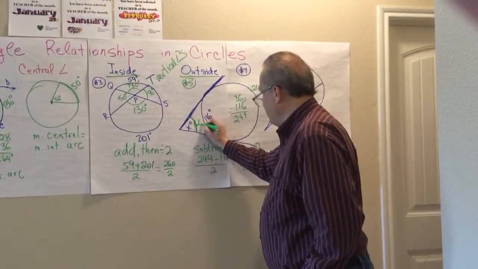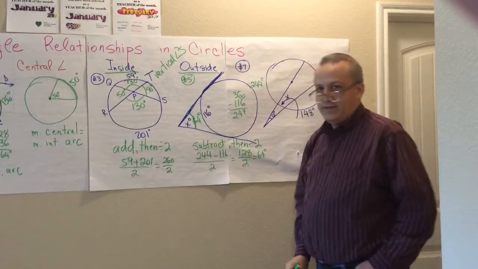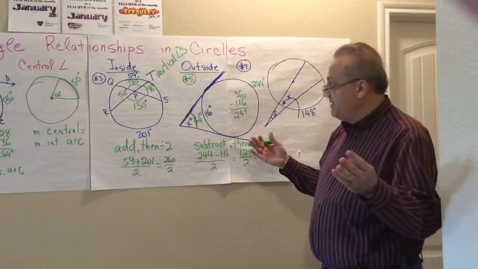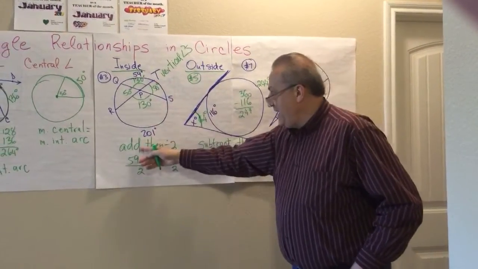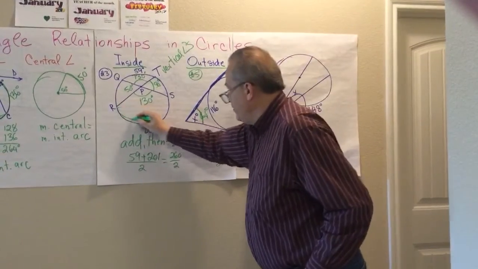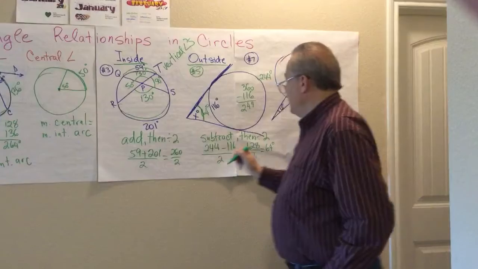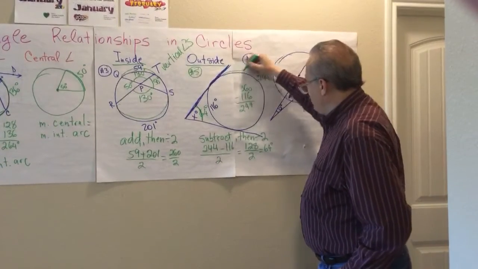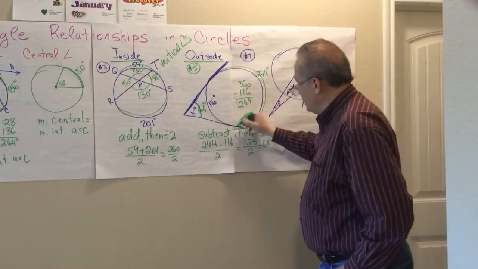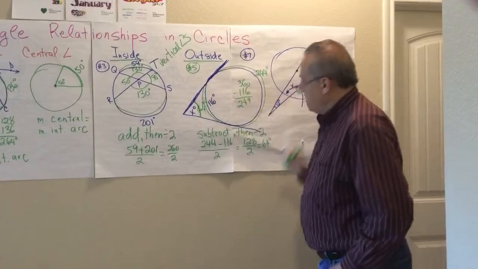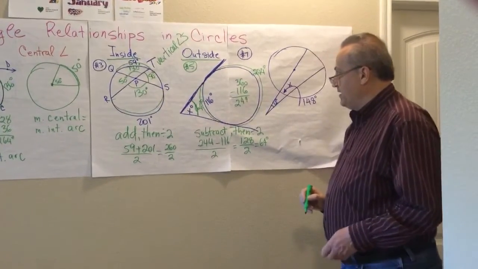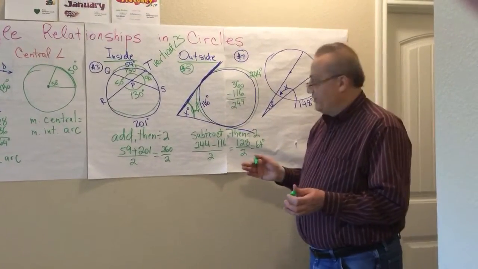Therefore, this angle here is 64 degrees. Everybody understands? Inside, add the 2 intercepted arcs, divide by 2. Outside, you subtract from this one, this smaller intercepted arc, and then divide by 2.